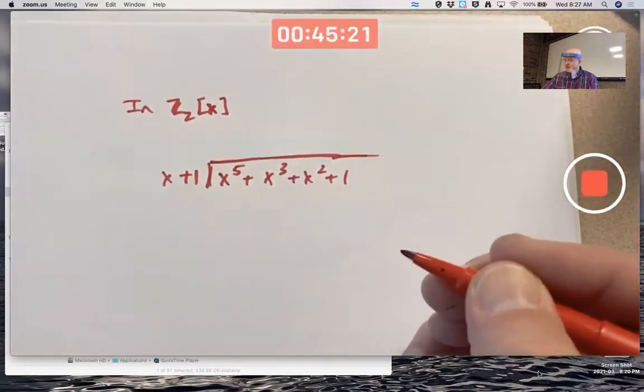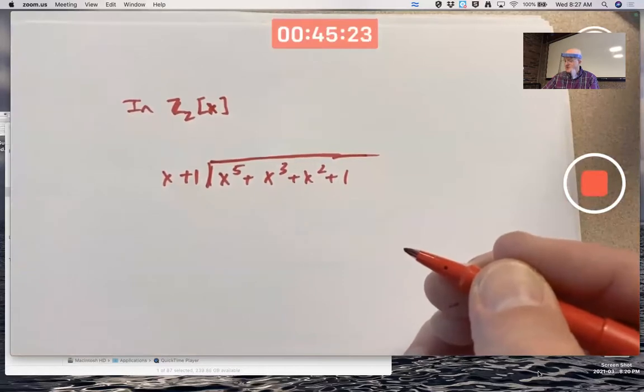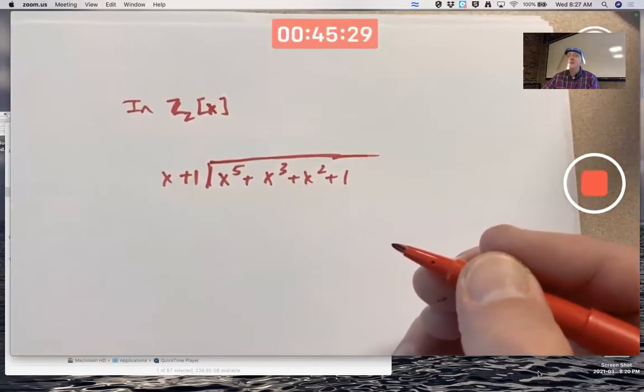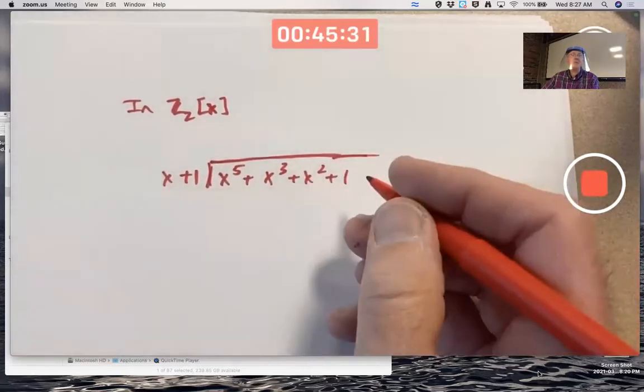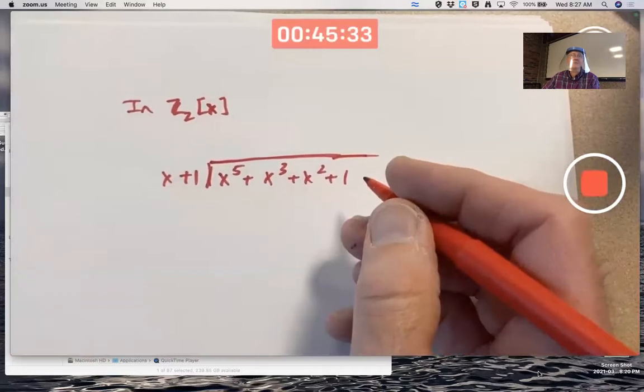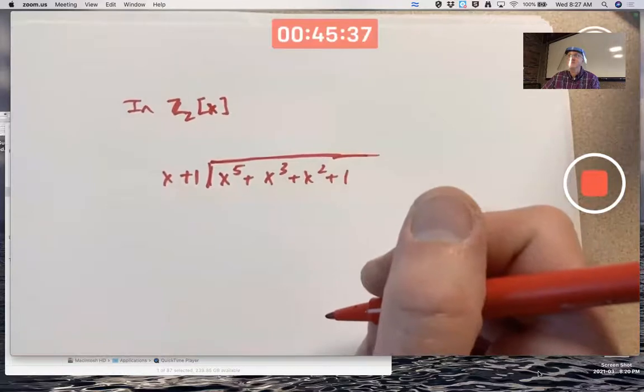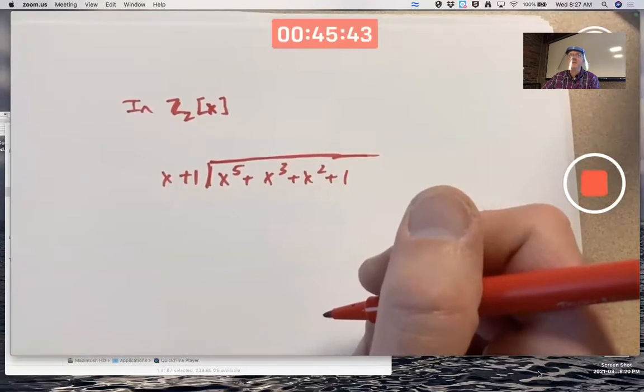Well, do the long division as you normally would, but just remember to keep modding by 2 for the coefficients, not the powers. Don't mod by 2 for the powers. Leave the powers as they are. X to the 5th is not the same as x to the 1st. If that was confusing to you, I'm not modding any powers, only the coefficients.